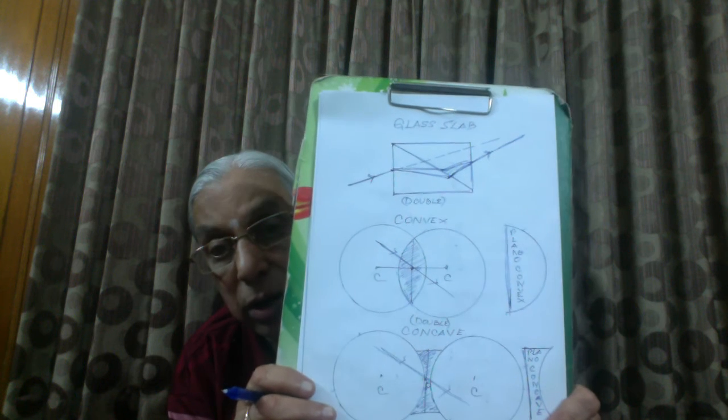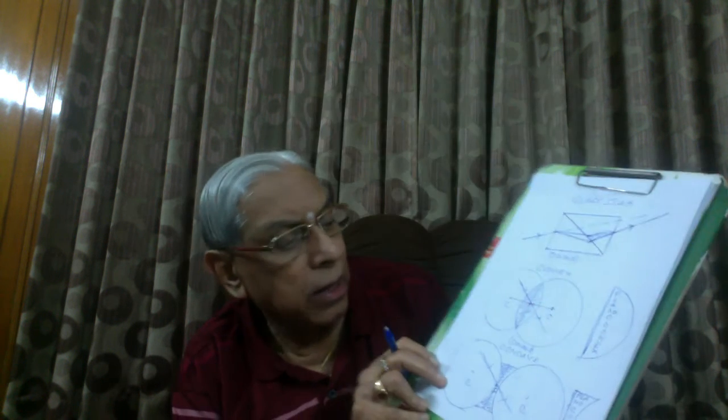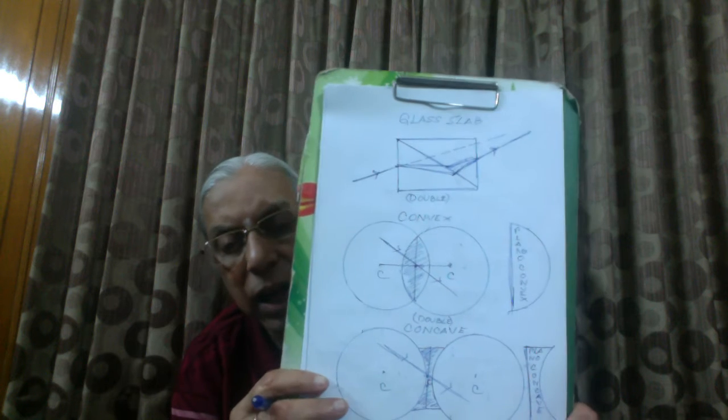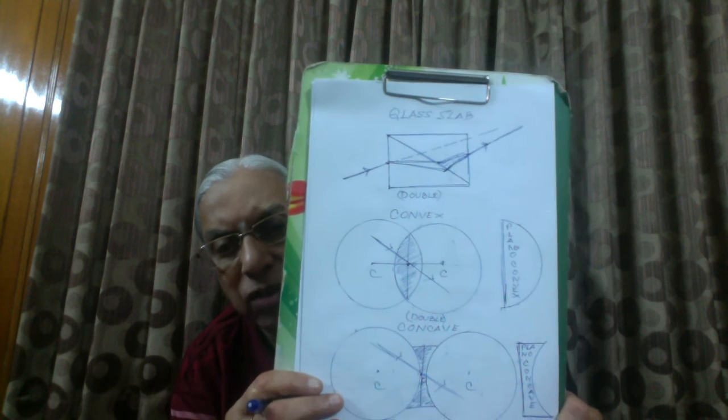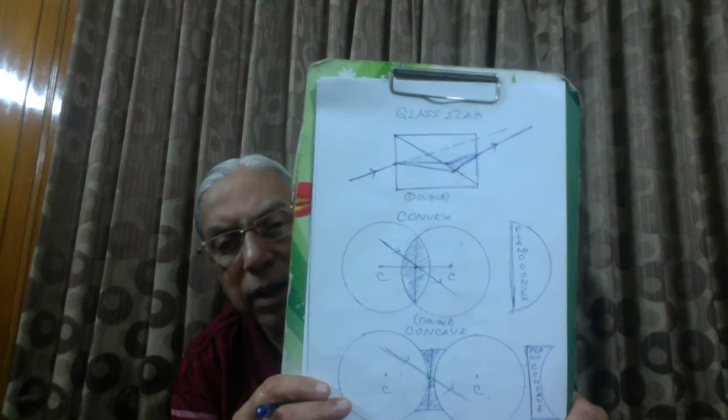The radius of the whole sphere of which the lens forms a part. That is called which one? Radius of curvature. Radius of curvature is actually the radius of the whole sphere of which the lens forms a part. Over.